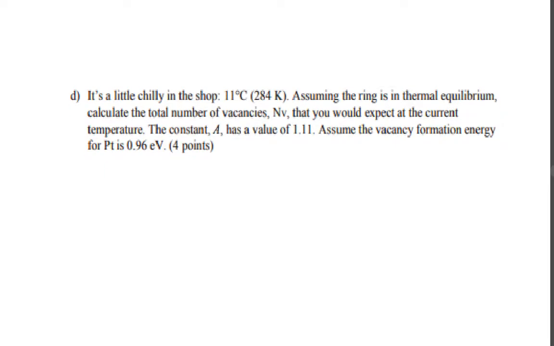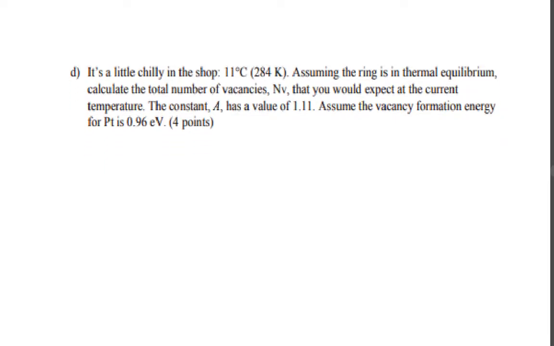Okay, so D. It's a little chilly in the shop, 11 degrees Celsius. Assuming the ring is in thermal equilibrium, calculate the total number of vacancies, NV, that you would expect at the current temperature. The constant A has the value of 1.11. Assume the vacancy formation energy for platinum is 0.96 electron volts.